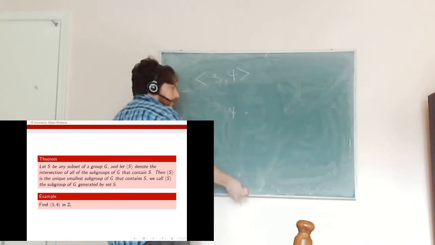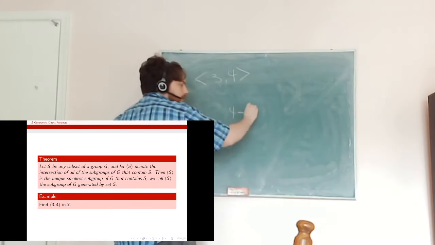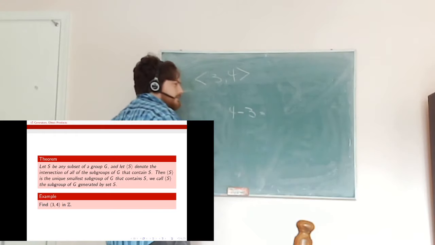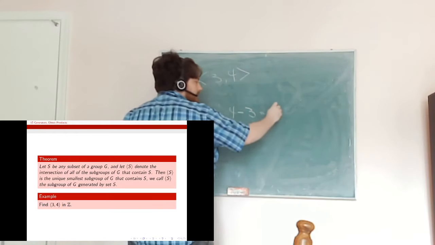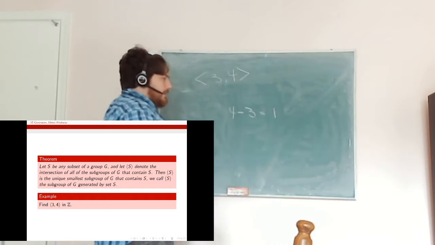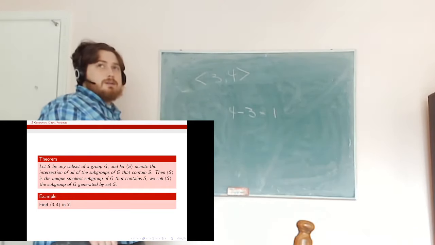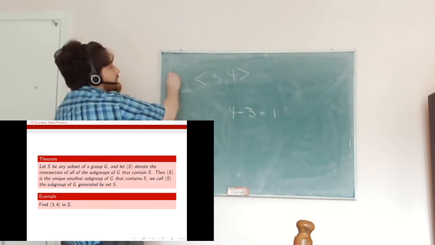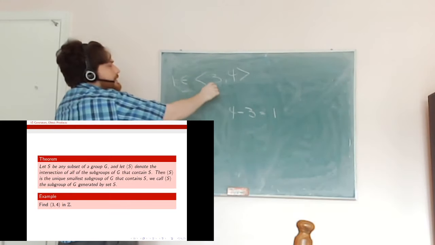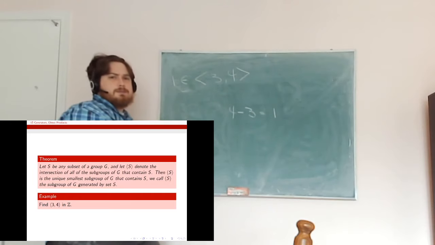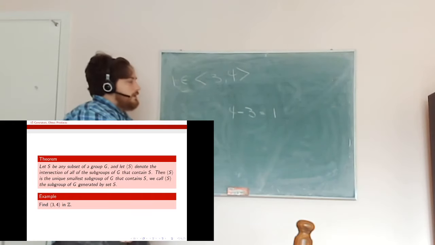Now, actually, if we skip to the punchline here, what is 4 minus 3? I think 4 minus 3 is 1, right? So what I know is that 1 has to be an element of this, doesn't it? All right.